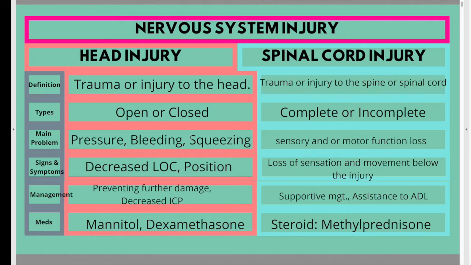Management is mostly supportive, with assistance to the activities of daily living of the patient, and the medication for this is a steroid, methylprednisolone. Some research suggests that a corticosteroid injection may help spinal cord injuries.